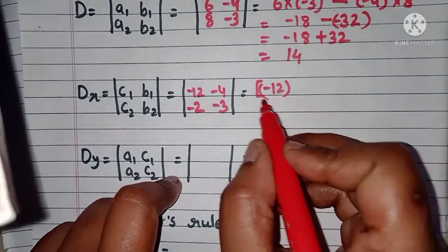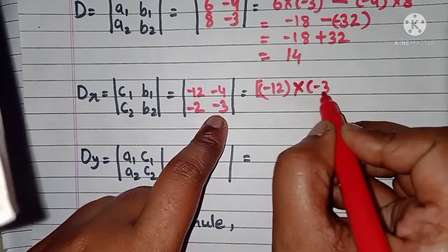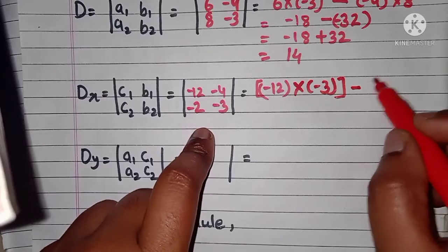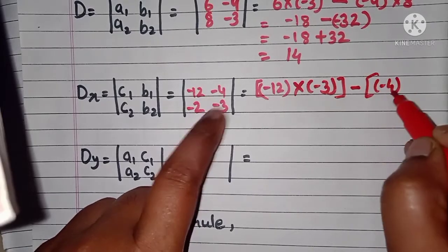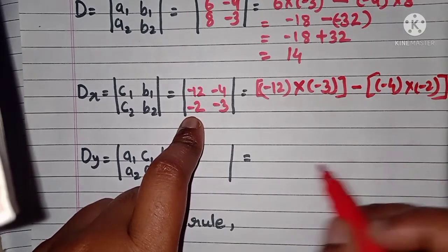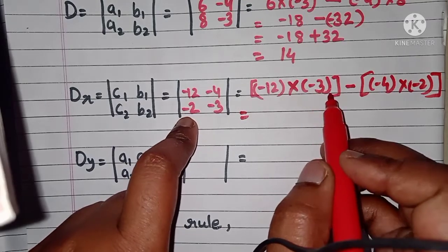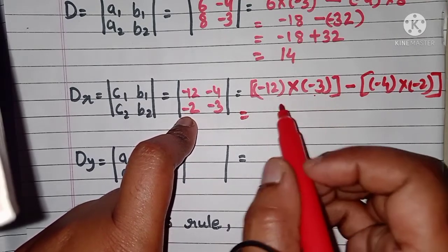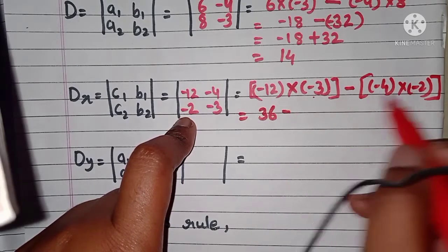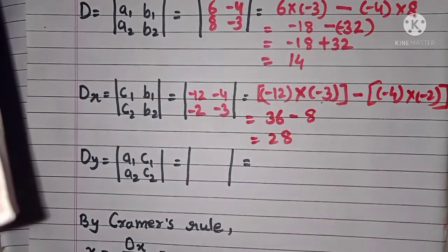That is, bracket -12 into -3, bracket close, minus the main minus, again the bracket -4 into -2, the bracket close. Now minus minus definitely will become plus, and 12 3s is 36, minus 4 2s are 8, minus minus will become plus. You will get the answer, that is 28.